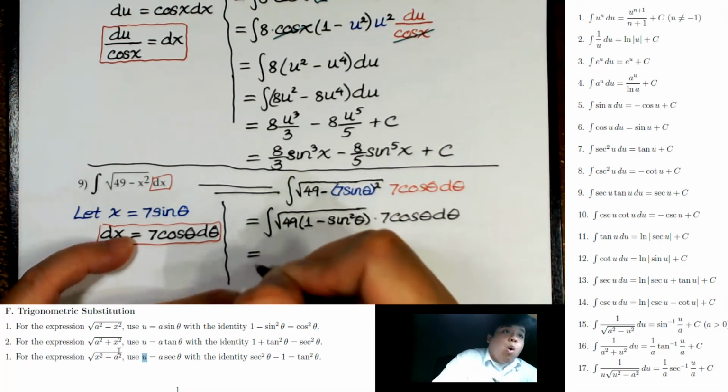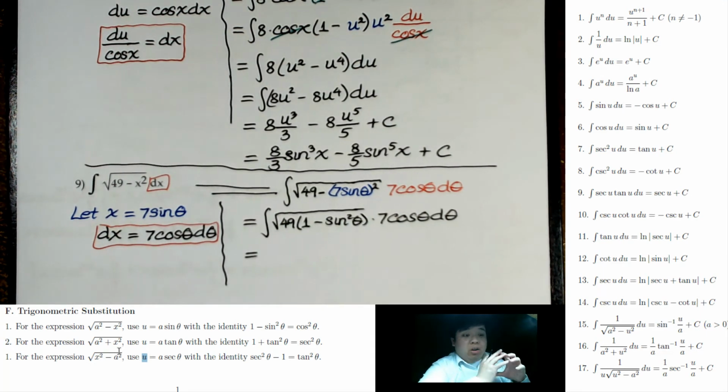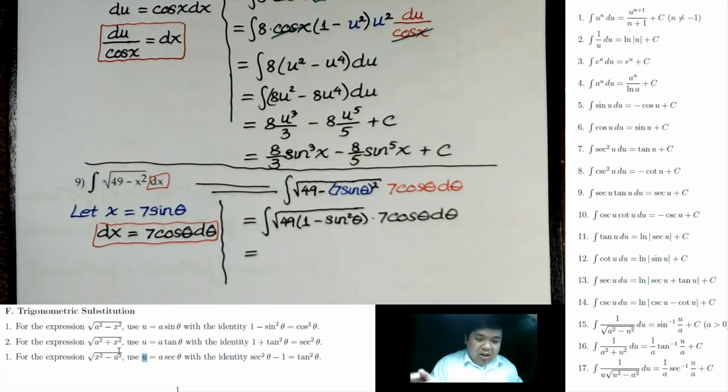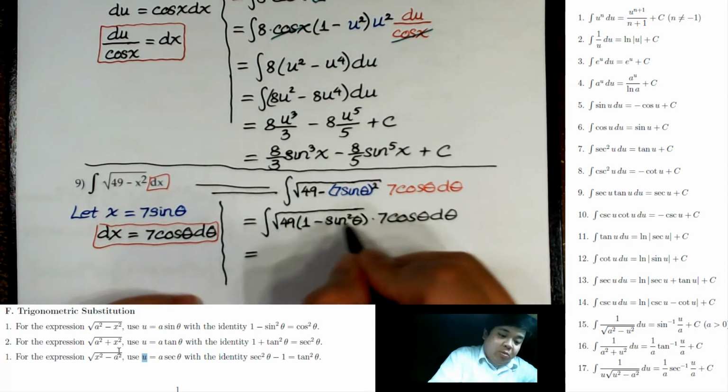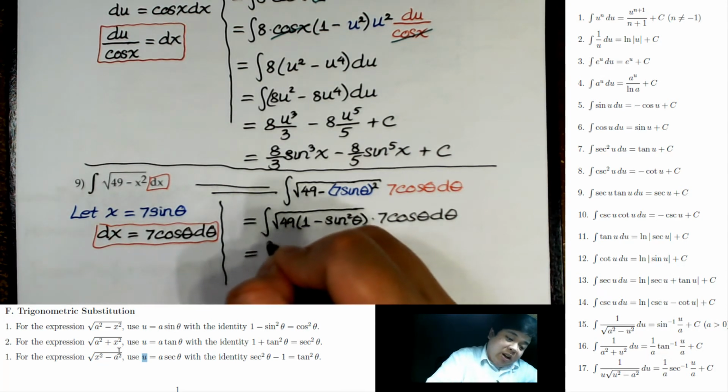One little thing: when we do the trig substitution, there's a certain condition for x. I didn't have that in the paper because we ran out of space. But in that case, this will be just cosine squared, and the square root cancels the square, even though that's not perfectly correct.